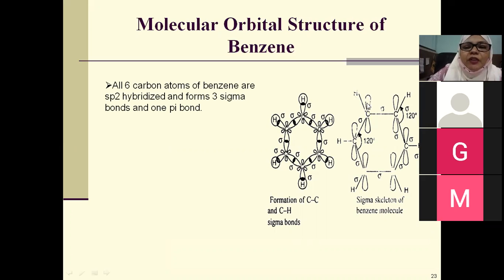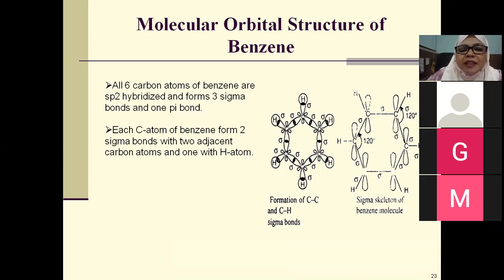The carbon-carbon sigma bonds are formed from the p orbitals, because every carbon atom has a p orbital. This p orbital combines with the adjacent p orbital to form the bond, and only with hydrogen it forms an s-sp sigma bond. So with the 2 adjacent carbon atoms it is sp2 hybridized and forms 3 sigma bonds and 1 pi bond.